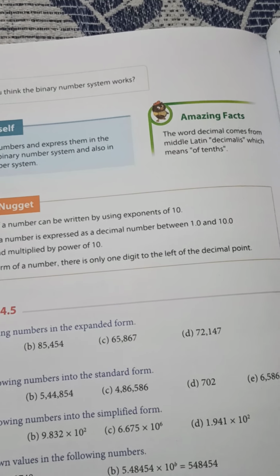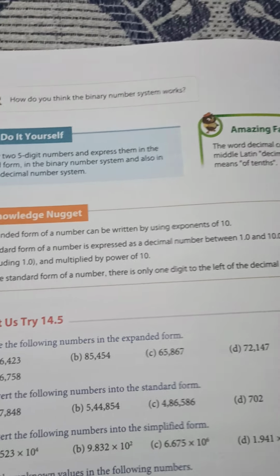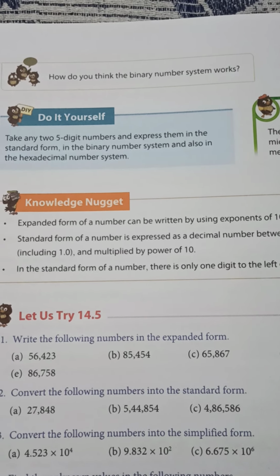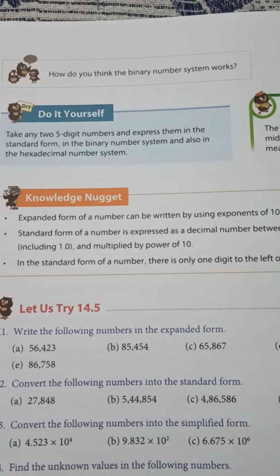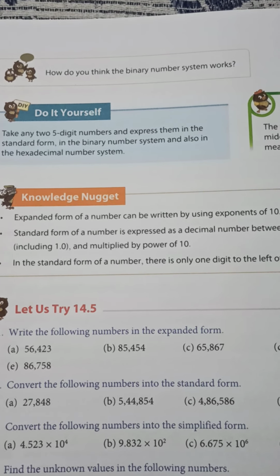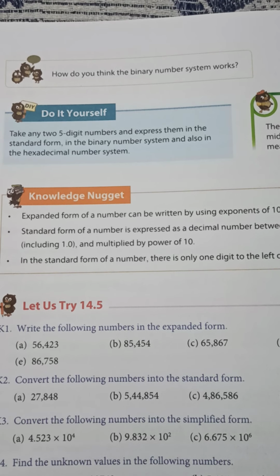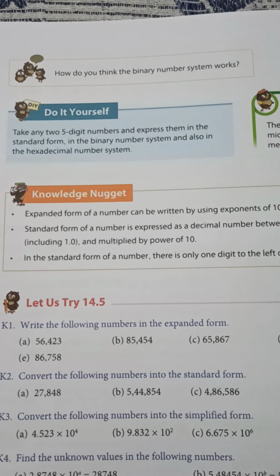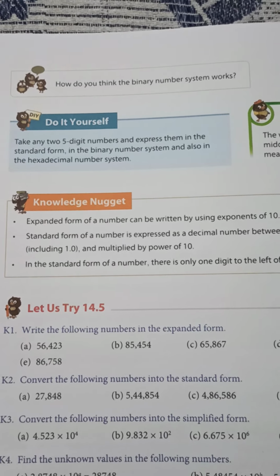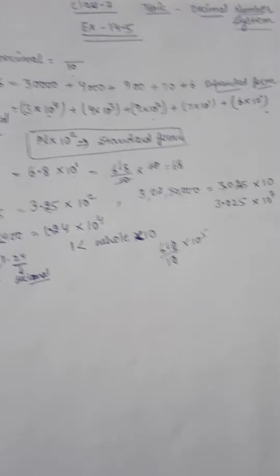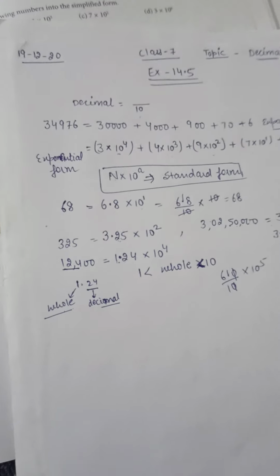Next, you have to do it yourself: take any two 5-digit numbers and express them in the standard form, in the binary system and also in the hexadecimal number system. Clear, students?